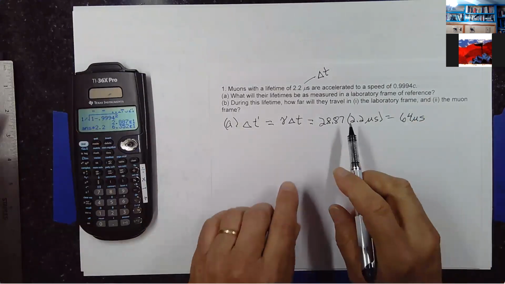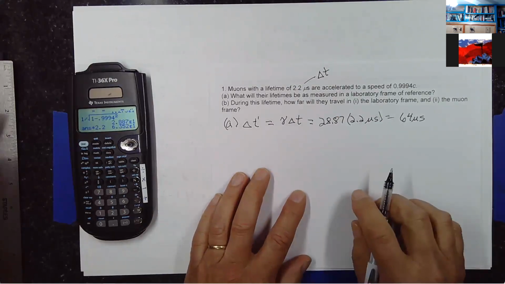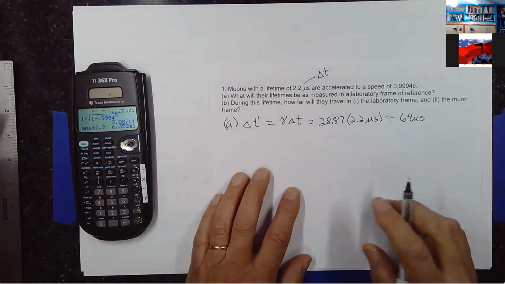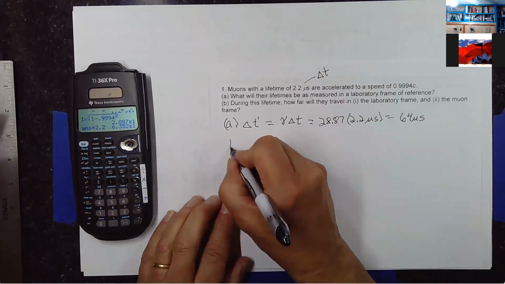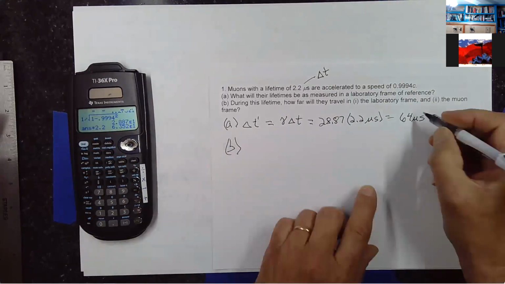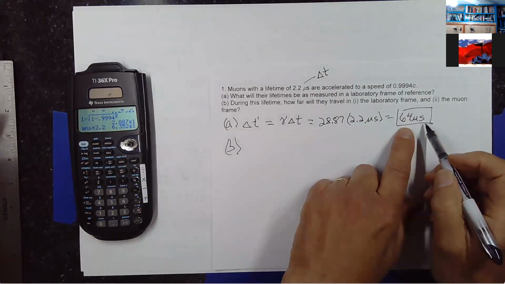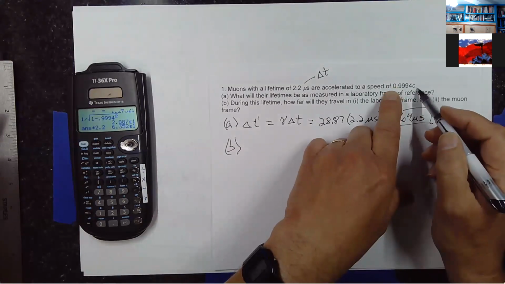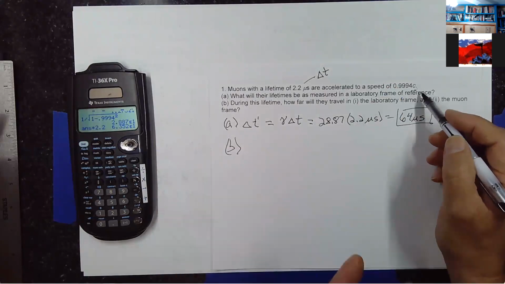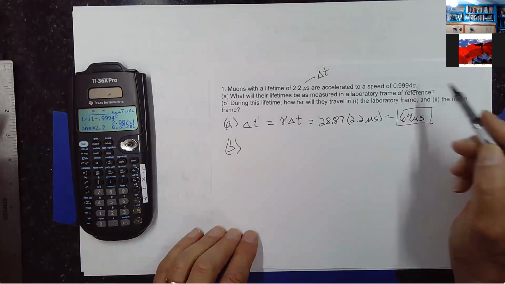Okay, now during their lifetime, how far will they travel in the laboratory frame and in the muon frame? Well, in the laboratory frame, we would use this for the time that passes, and we'd use this as the speed for the muons. Everybody will agree on the relative speed of the muons.